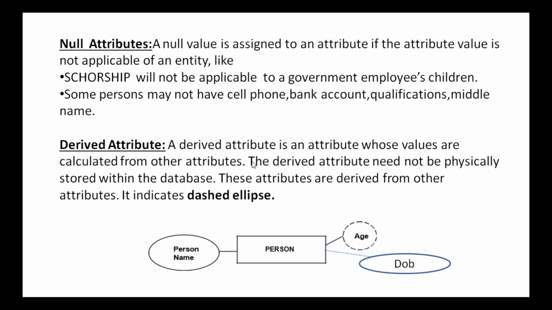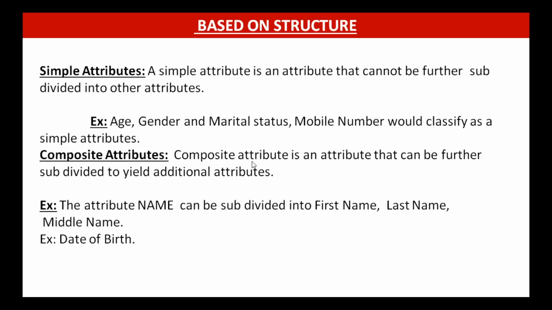Age can be calculated, and it is a derived attribute represented by a dashed ellipse. It can be calculated by using the existing attribute value DOB, date of birth. That type of attribute is known as a derived attribute, an attribute whose values are derived or calculated from other attribute values.